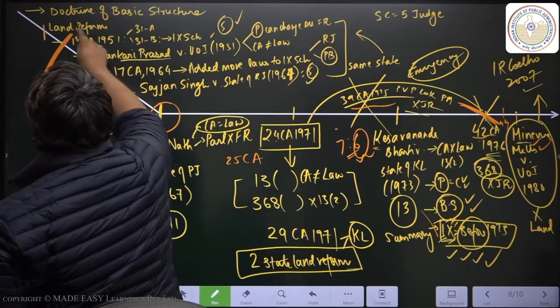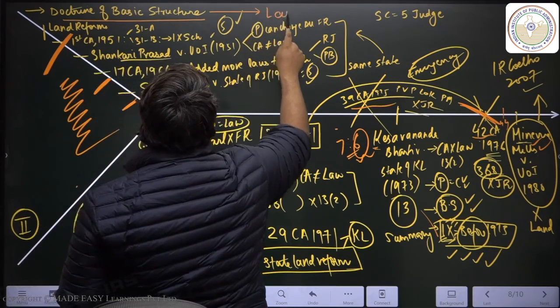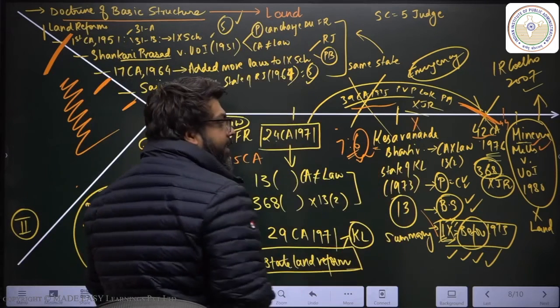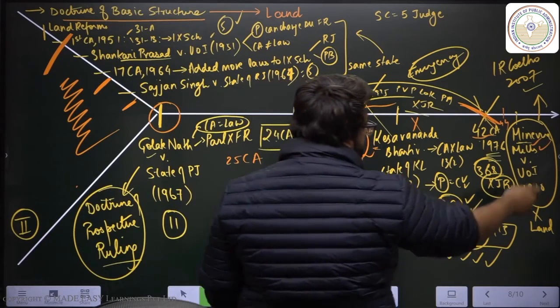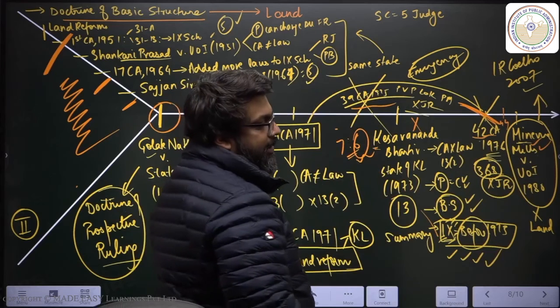But this doctrine of basic structure owes its origin to land. And neither Kesavananda Bharti got the land, nor Minerva Mills, nor Golaknath got their lands.